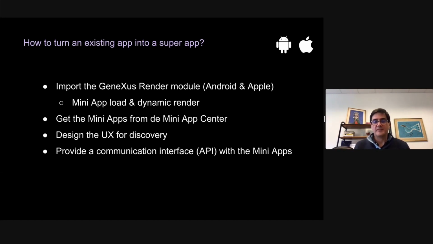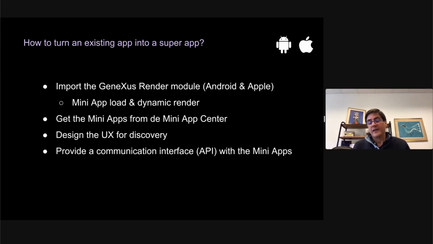which is an API that will connect, as I said, to the mini app center to get that list. You need to design the UX for discovery of those mini apps, so how they will be presented, the format, and we provide you with some resources that can come in handy for this. Those of you that develop super apps will need to know how to present those different mini apps, and also how to provide a communication interface with the mini apps.